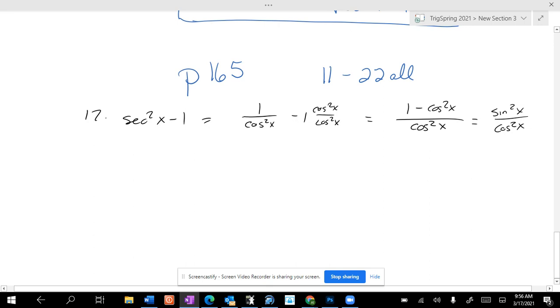Number 13. That was number 12. 13. We started out with cosine x times tangent x plus 1 times sine of x minus 1. What's the first step on this one, Olivia? To get rid of tangent. So cosine x and tangent is what over what?